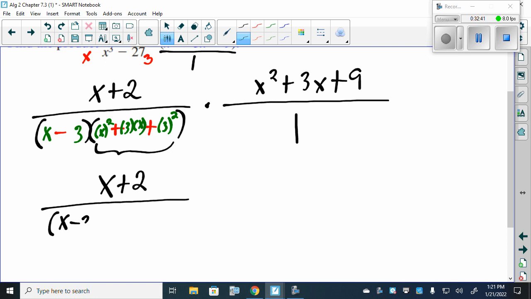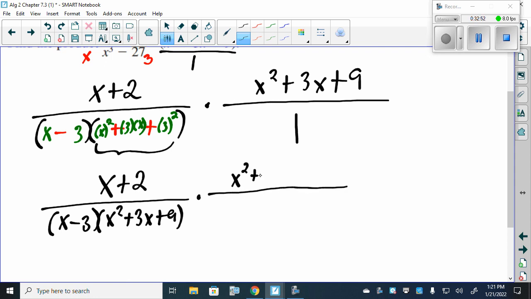On bottom, we would have x minus 3 times x squared plus 3x plus 9. So it actually did work out that the quadratic part of the difference of perfect cubes is the same as what we had already, yes? All right.